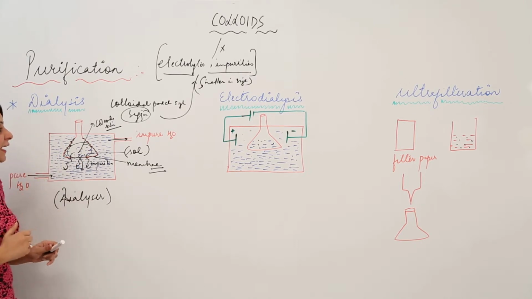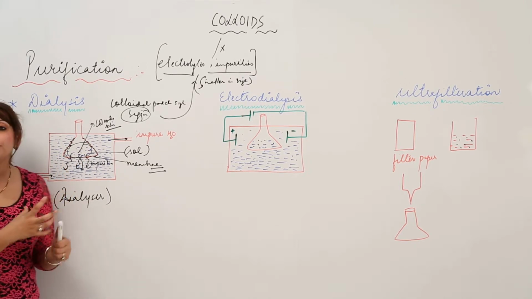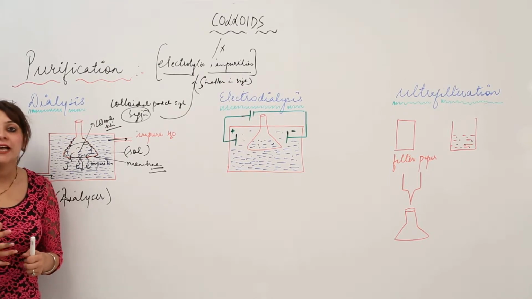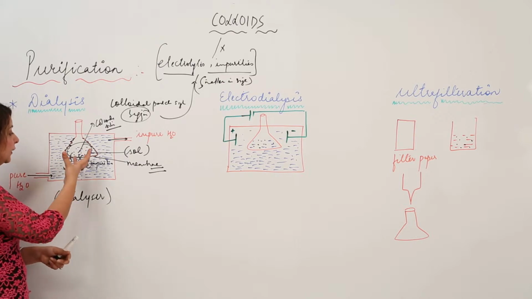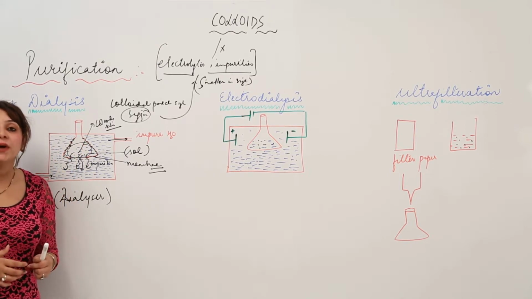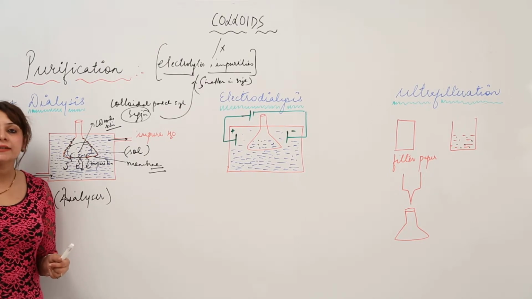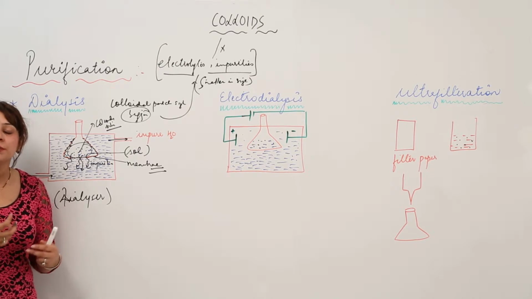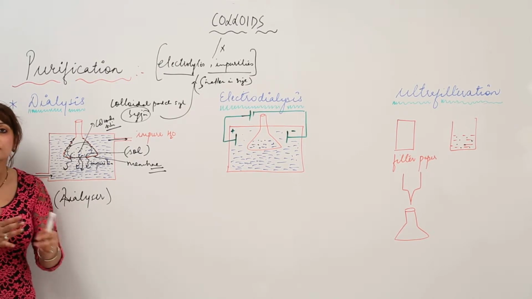The reason is that if we do not remove the impurities, a stage will be reached when there will be an equilibrium, meaning no more movement of impurities through the membrane will occur. So we need to remove the impurities as soon as they are separated, so that the process of purification goes on and does not stop at equilibrium.